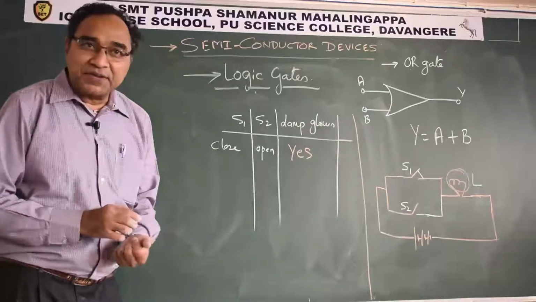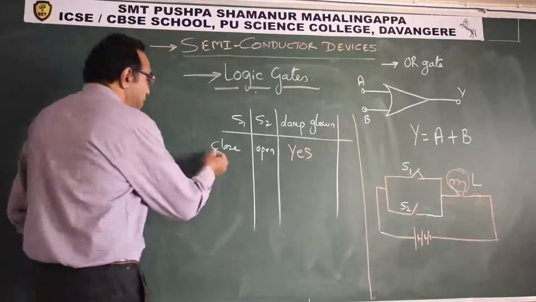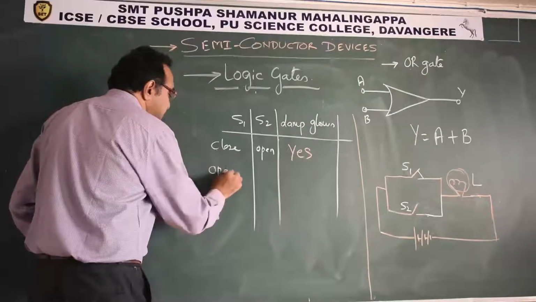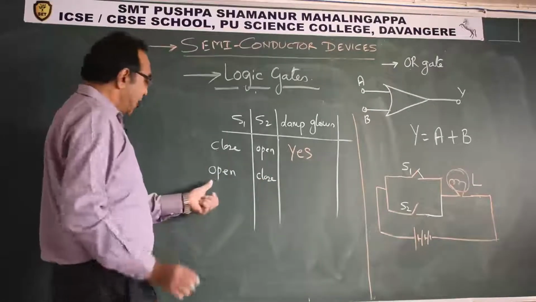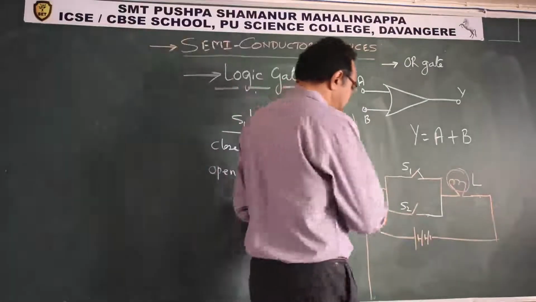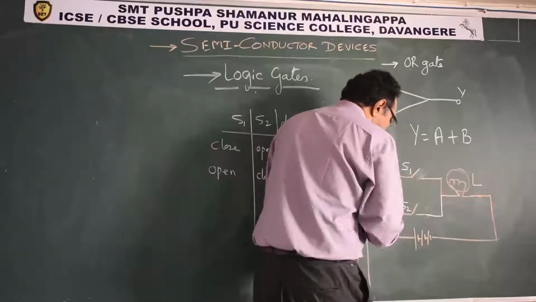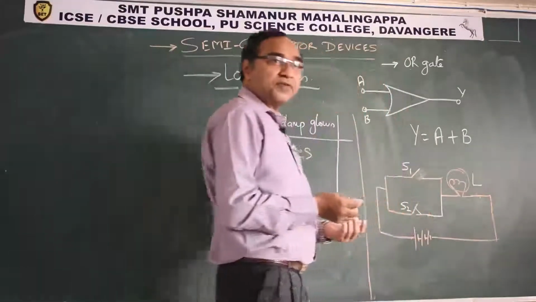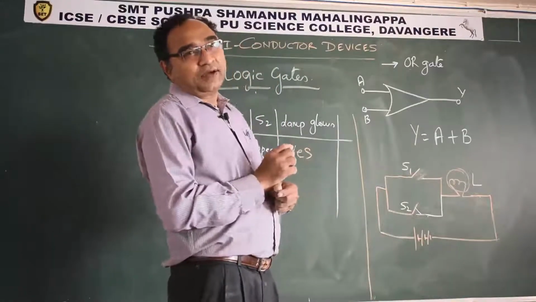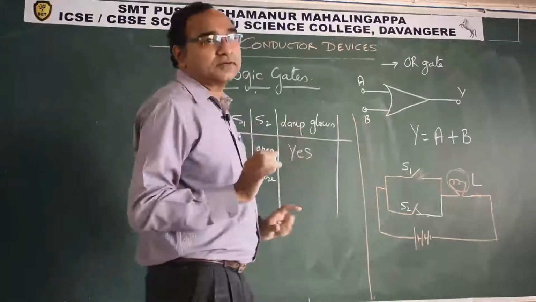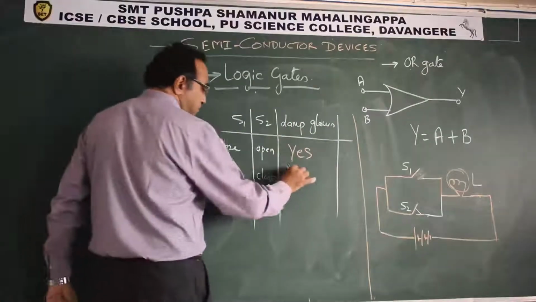See the logical statement. How we can convert? Suppose I open this and I close this. Will the lamp glow? I have opened S1 and I will close S2. Yes, it doesn't matter which switch you are closing and opening. What matters is whether there is current or not.